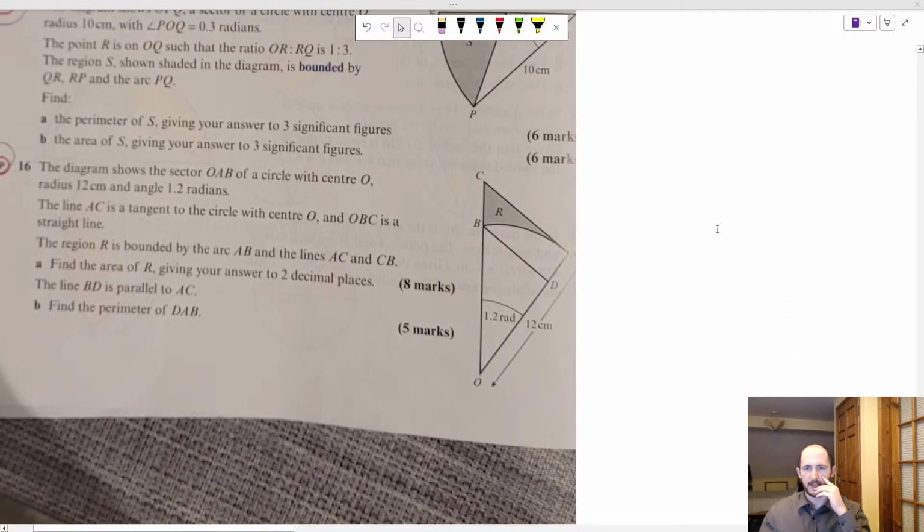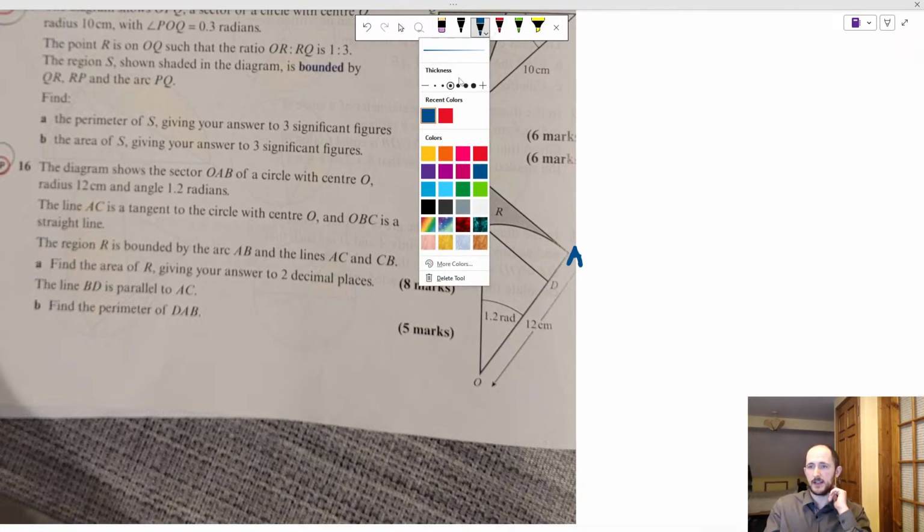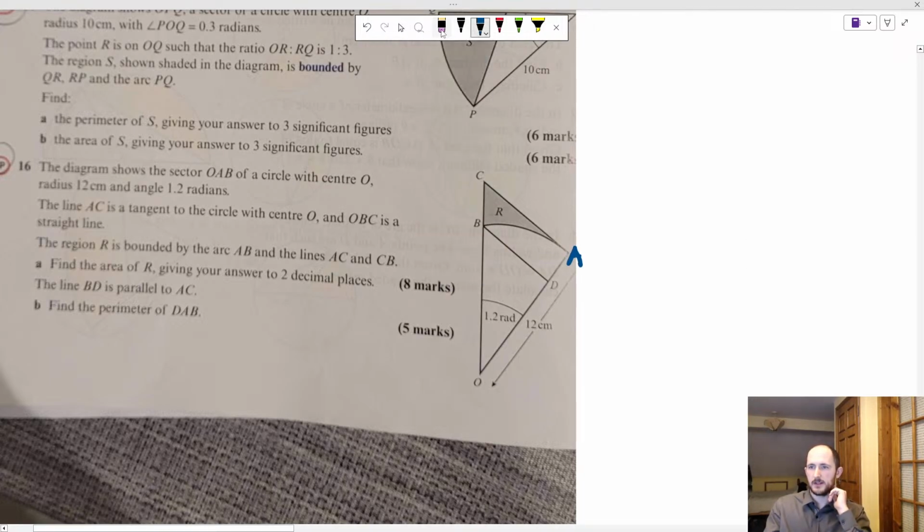So the diagram shows a sector of a circle, OAB. A is over here. Line AC is a tangent, which means that is going to be 90 degrees.